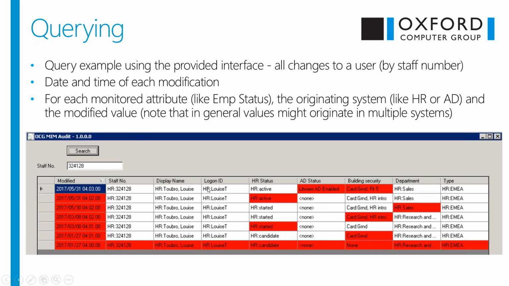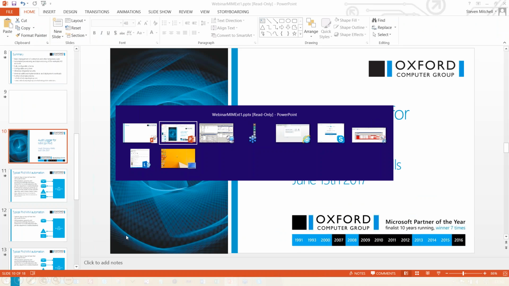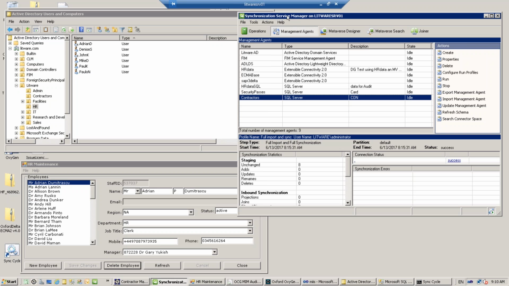Okay, let's have a look at the system itself. There's nothing very sexy to look at here. It's all pretty straightforward back office style stuff. If you're familiar with the synchronization service, you'll immediately recognize that we have a number of different management agents here.